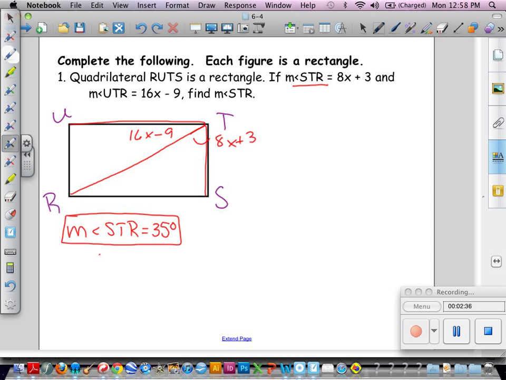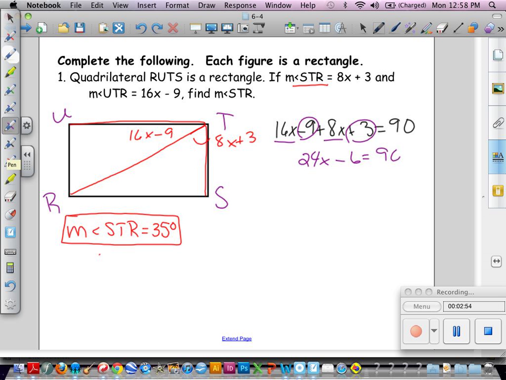So now you're saying, oh, that angle's 90. Add them to equal 90. Get your like terms together. 16x and 8x, minus 9 and plus 3. Get x alone.